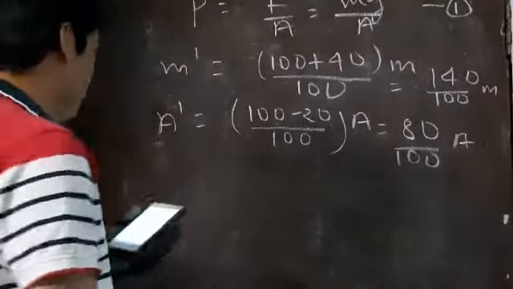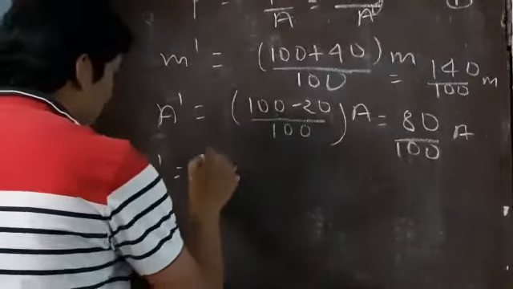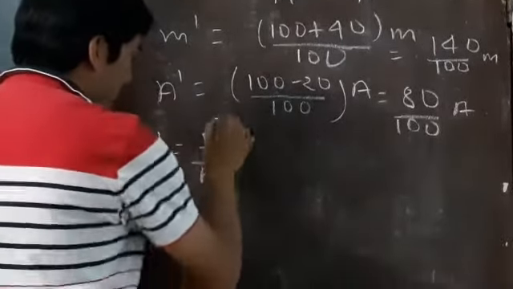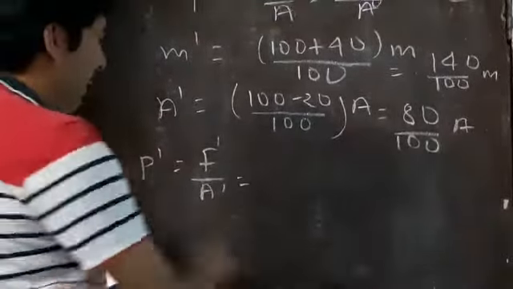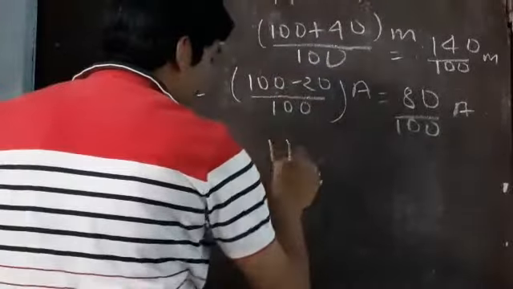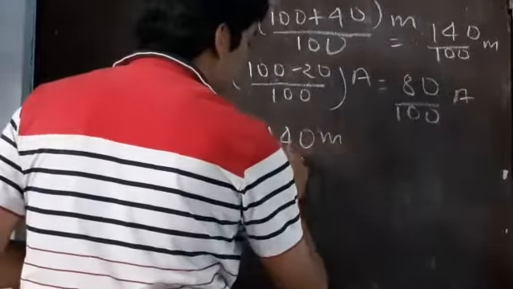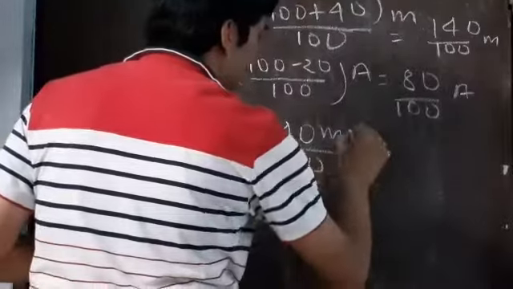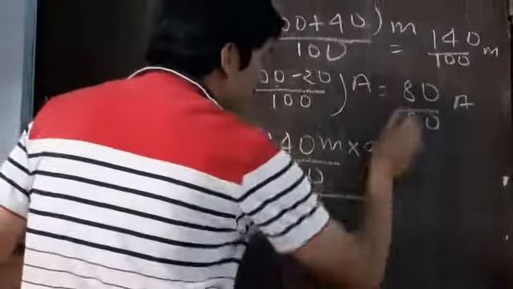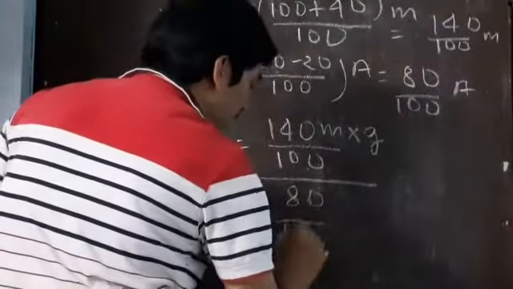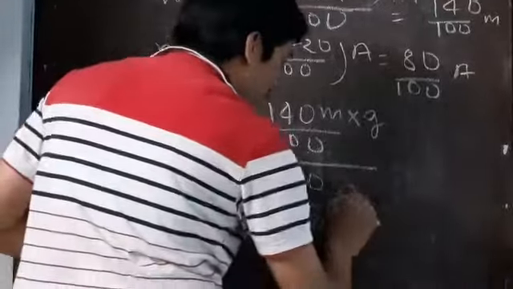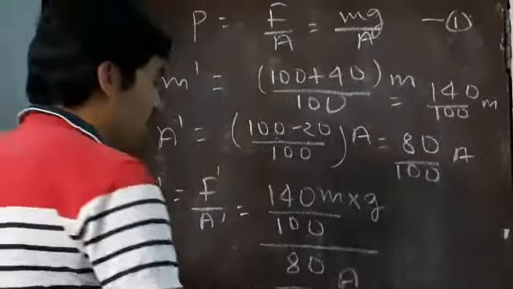So what will be the new pressure? P dash equals F dash by A dash. F dash is m dash into g, so it will be 140 m by 100 into g, divided by 80 by 100 into A. Further we can simplify it.